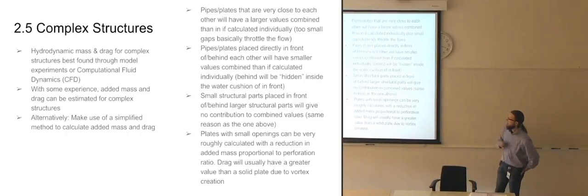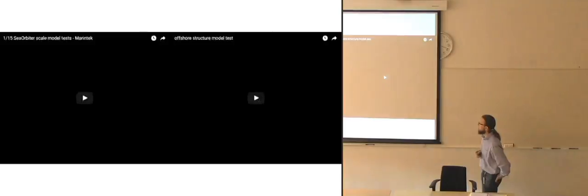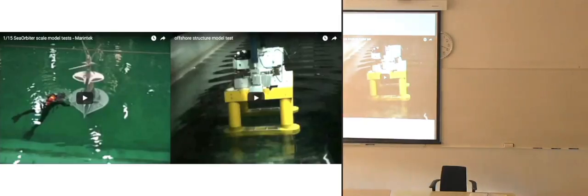Yeah, we were looking at complex structures, and we're going to get to see a couple of clips. The first one is from the Marine Tech lab up in Trondheim, and they're testing a ship called Sea Orbiter, where they're doing model tests. It's a really weird ship because most of the ship is submerged.